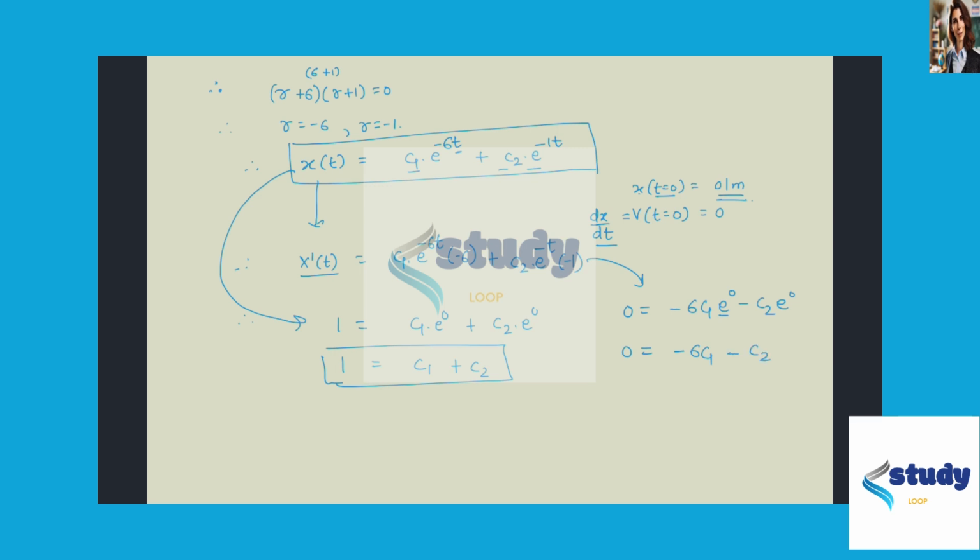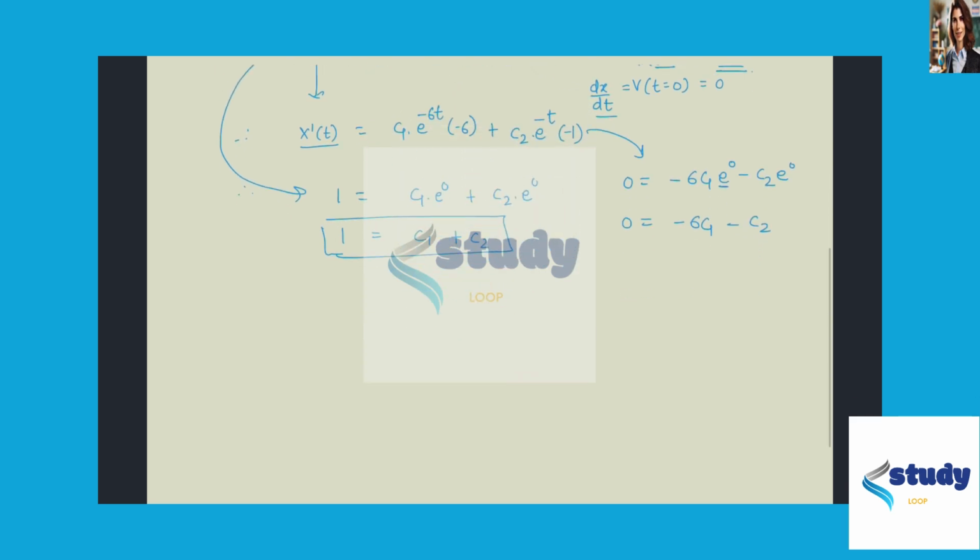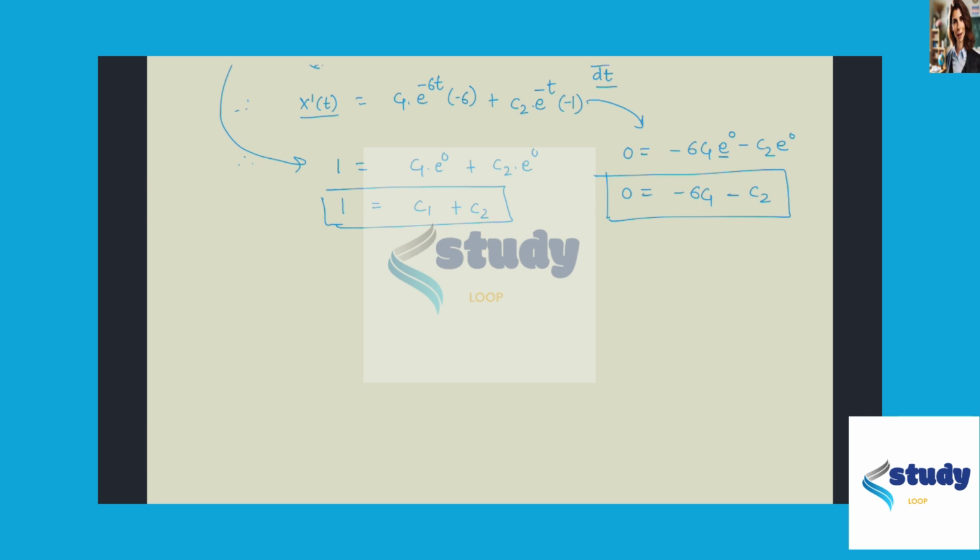Okay, so we have two equations. We can solve them simultaneously and we get c1 as minus 1 over 5 and c2 as 6 over 5.